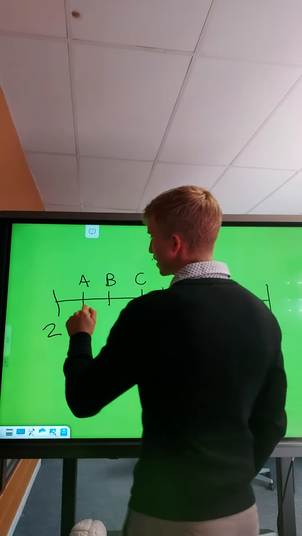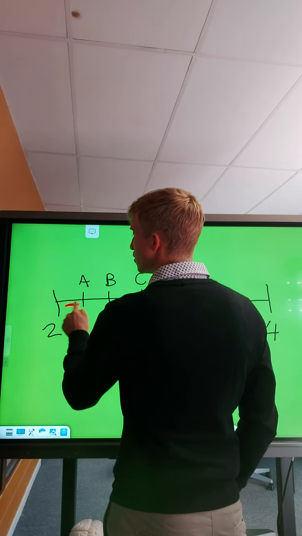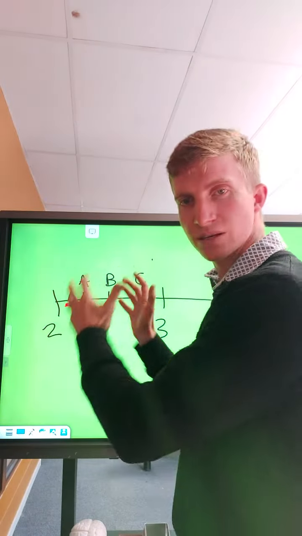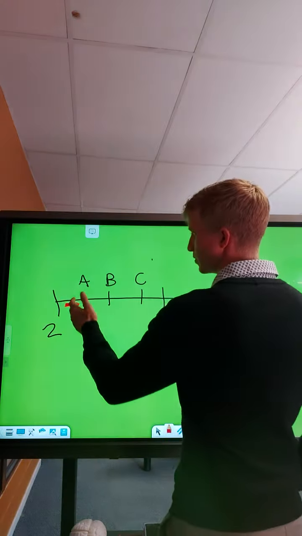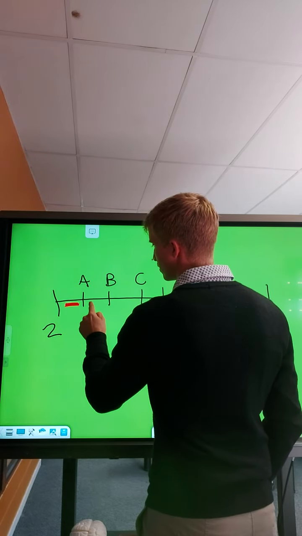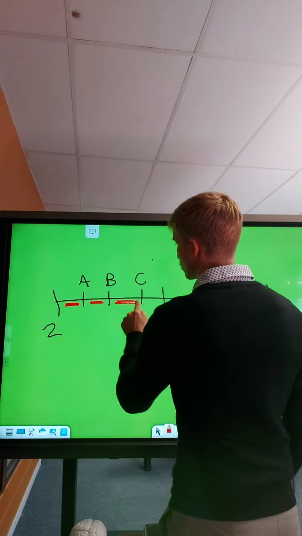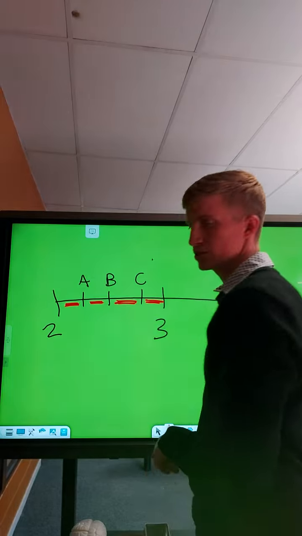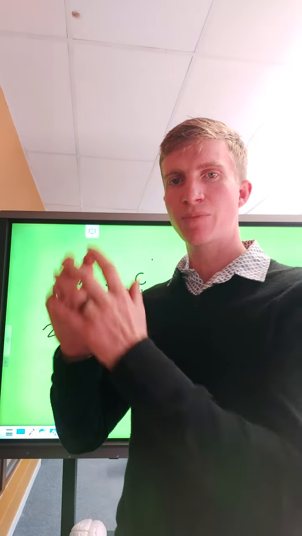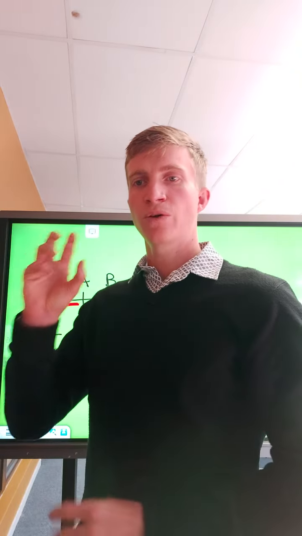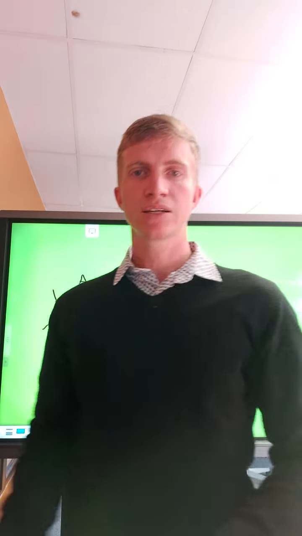So first thing I do is I count the amount of parts that my number line has been broken into. So for example, that one is broken into 1, 2, 3, 4 parts. 4 parts. So that tells me my denominator. Remember when we drew the dots, we found the parts being divided into.